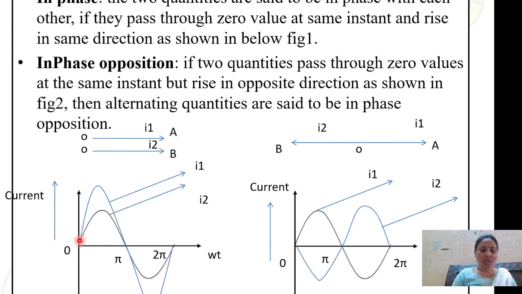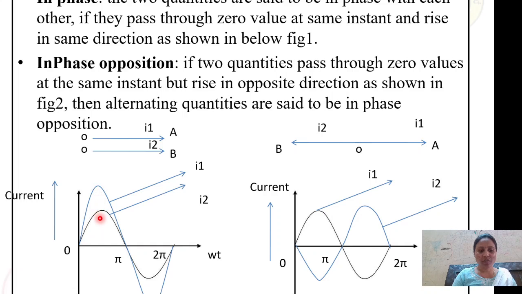They both start at the same time and move in the same direction. I1 reaches its maximum value at this particular point, and in the same direction I2 also reaches its maximum value at this instant.